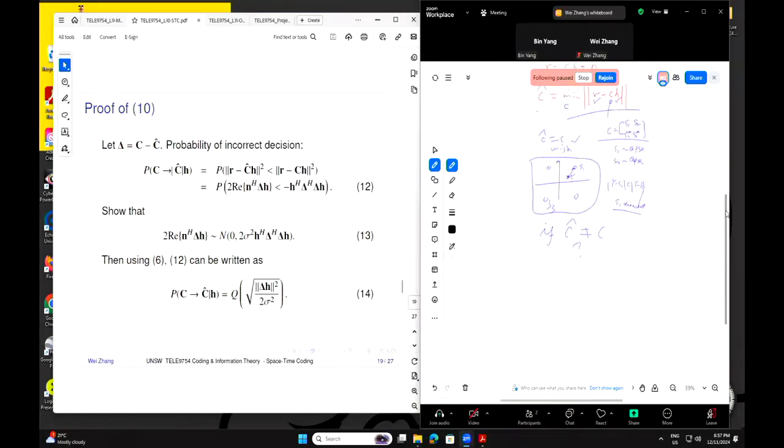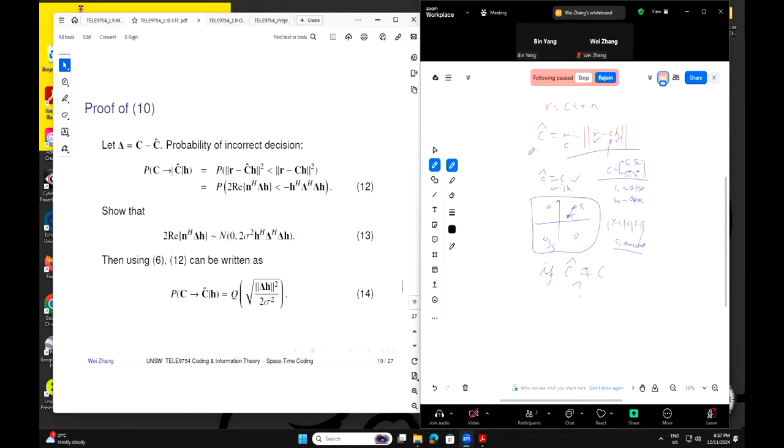Let's go back a little bit and look at the above. C hat is equal to this, right? If C hat is not equal to C, what's the meaning of that? It means the distance between R and C hat is smaller than the distance between R and C. That means the distance R minus C hat is smaller than the distance R minus C.